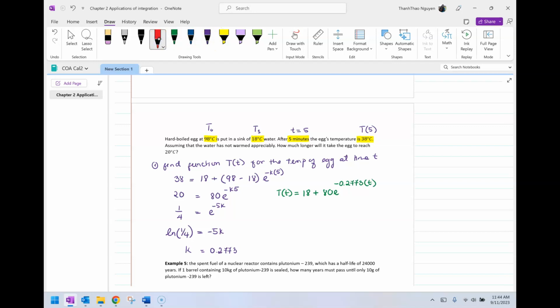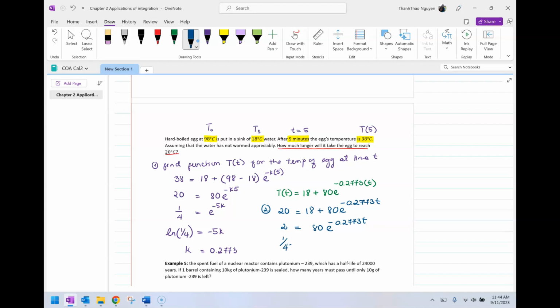In the second part of the question, asking how much longer would it take for the egg to reach 20 degrees Celsius. Okay, how much longer? So for the egg to reach 20 degrees Celsius, we can set up our function. 20 degrees is equal to 18 plus 80 times e to the negative 0.2773t. So 2 equals 80 times e to the negative 0.2773t.